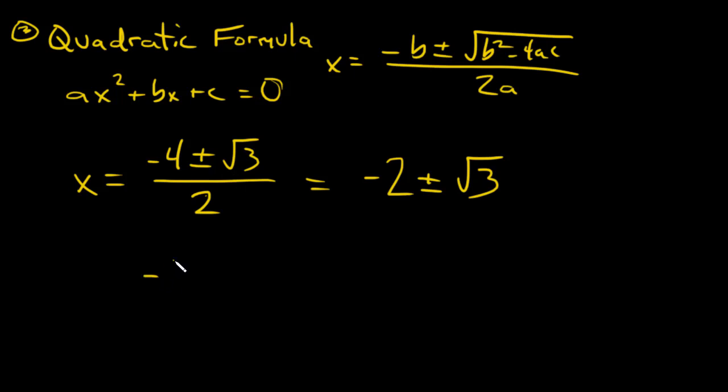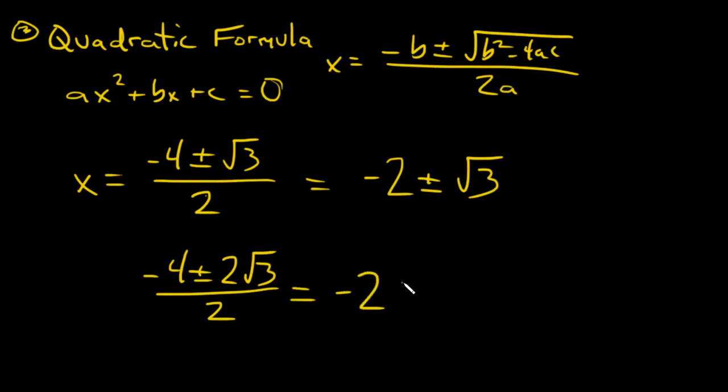Now if I had negative 4 plus or minus 2 root 3, divided by 2, that would equal negative 2 plus or minus root 3, because I could divide the 2 into the negative 4 to get negative 2, and 2 into the 2 root 3 to get root 3. This is wrong. This is correct. But when people get to this step, they want to simplify, so they just go ahead and divide in. If you don't do that, you're in good shape.